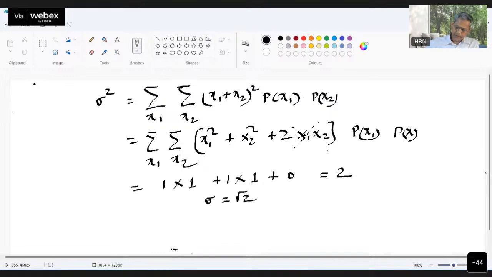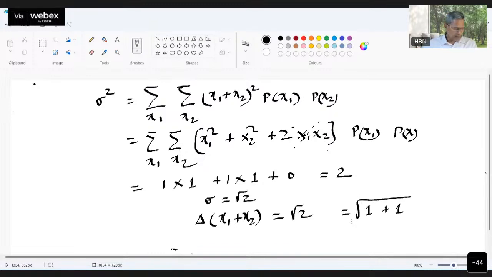So this gives the standard deviation, or the uncertainty in measurement of x1 plus x2, equal to root 2. This is how root 2 is coming: 1 plus 1, because each one had an uncertainty 1.